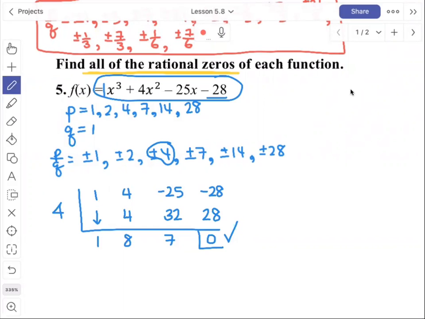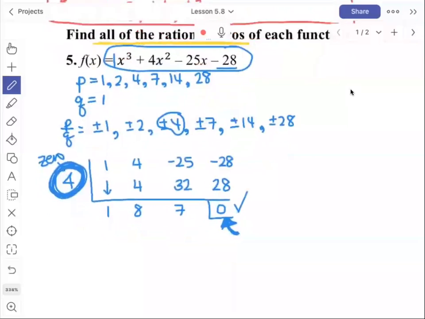But this is great because if the remainder is 0, that means that this 4 is a 0 of the function, okay? I think that's an easy way to remember it, right? If the remainder is 0, that means this is a 0, okay? All right, good guessing, Queenie, nice.